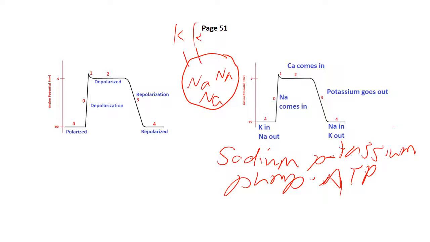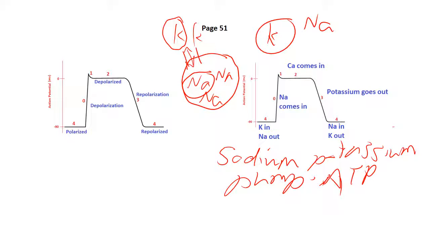This little sodium-potassium pump that's sitting there in the membrane is going to turn on, and it's going to grab a few potassiums, a few sodiums, and it's actually then going to just switch them. Once it does that, it's going to continue to do that until we end up with all the sodium outside again and all the potassium on the inside.